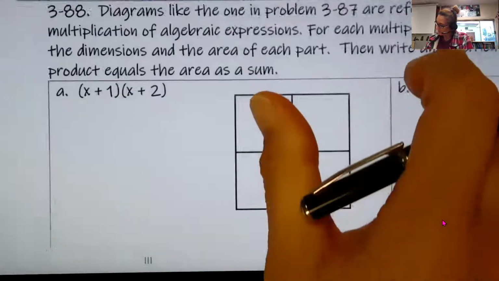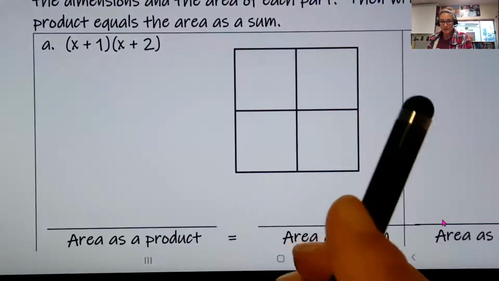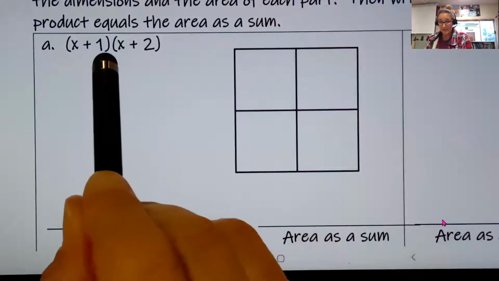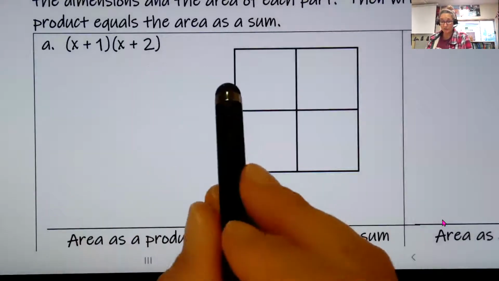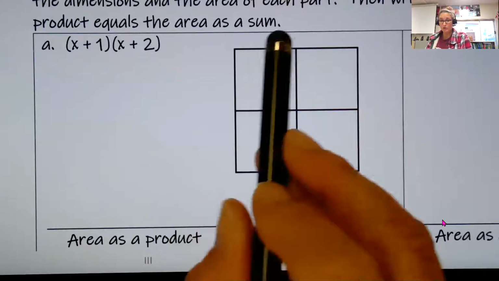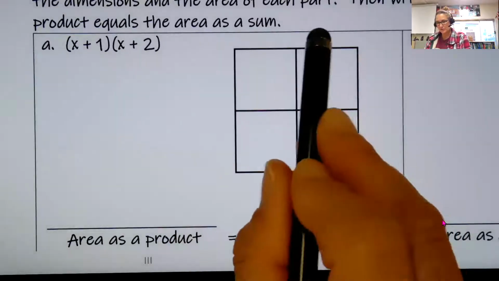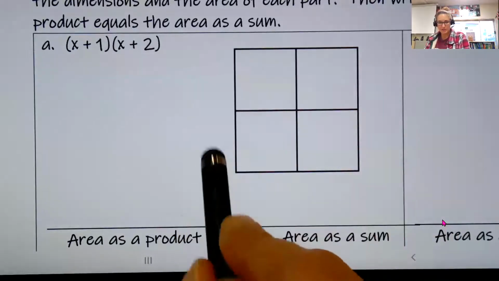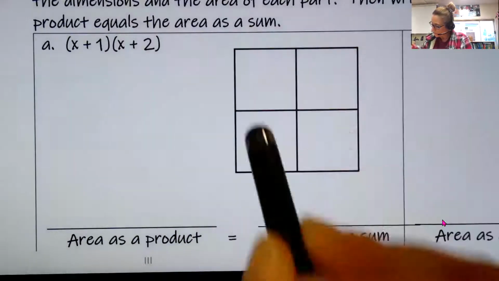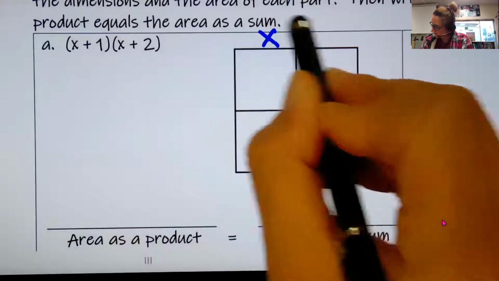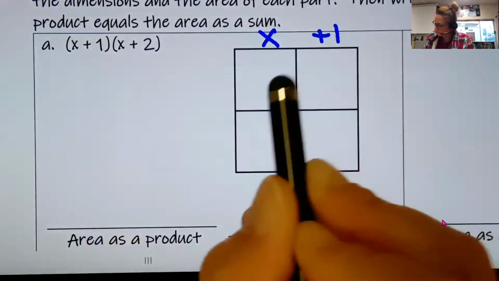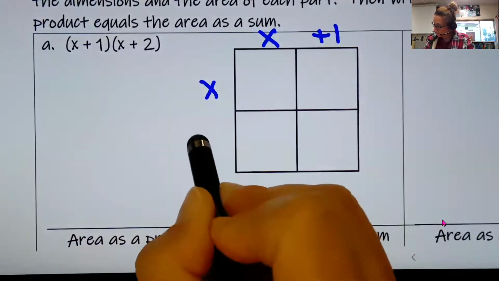So on this one, again, I can decide if I want to put the x plus 1 here, or maybe here. A lot of times your book puts it here. I like to put it at the top and the side, myself personally. It doesn't matter which one. Let's say I put my x here and then my plus 1. Then I put my x and my plus 2.